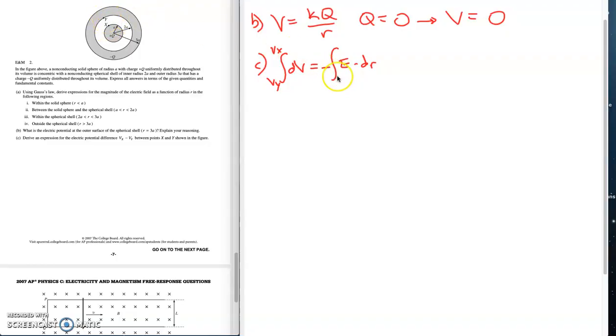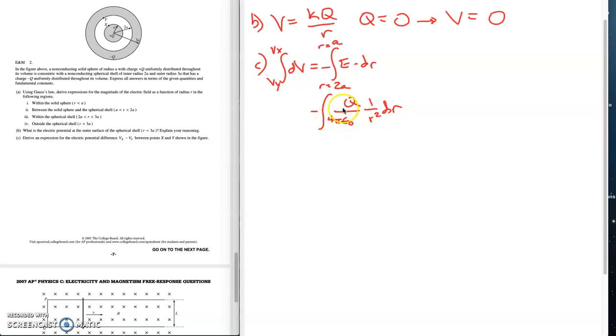So we're going to start at 2a, r equals 2a, that's where y is. And we're going to end on x, where r is equal to a. And this is in the nice, pretty place where we've enclosed all of the positive charge and none of the negative charge. So our electric field is going to be Q over 4 pi epsilon naught 1 over r squared. Then we're going to have our dr, integral, and a minus sign.